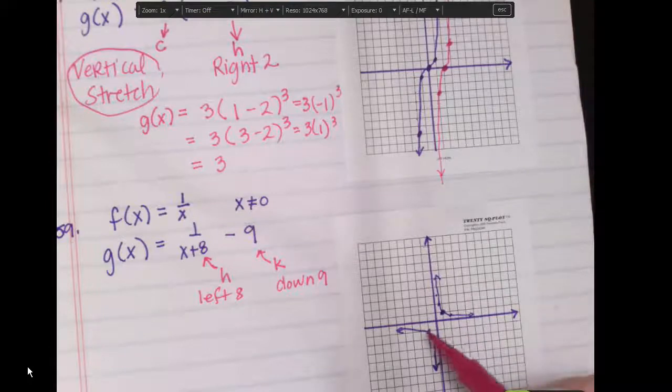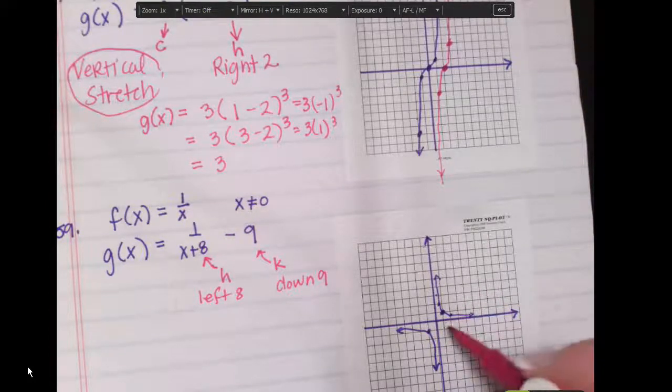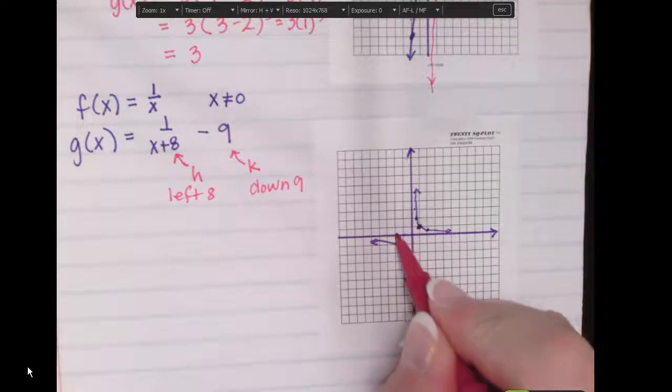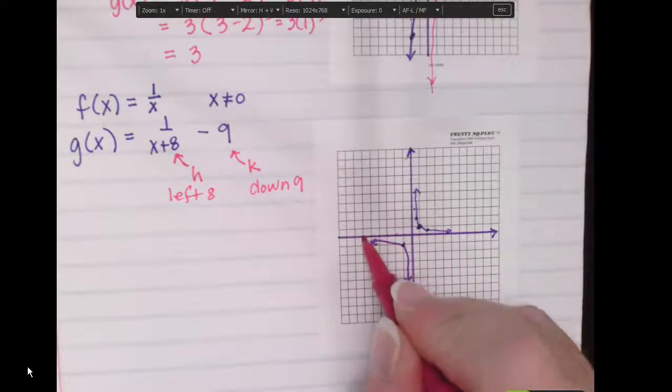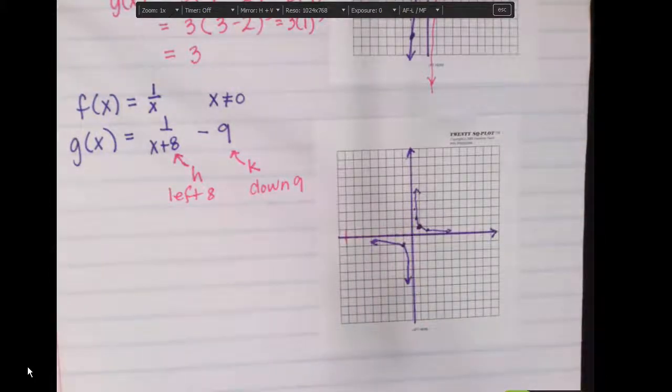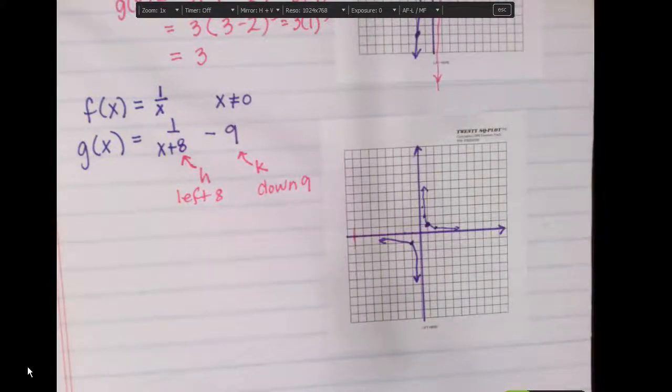So, and then the function is not being stretched or compressed, so I'm just going to copy it. So hopefully I have got enough blocks on my grid here to go left 8, 1, 2, 4, 5, 6, 7, 8. So I'm going to draw an asymptote over here at -8.